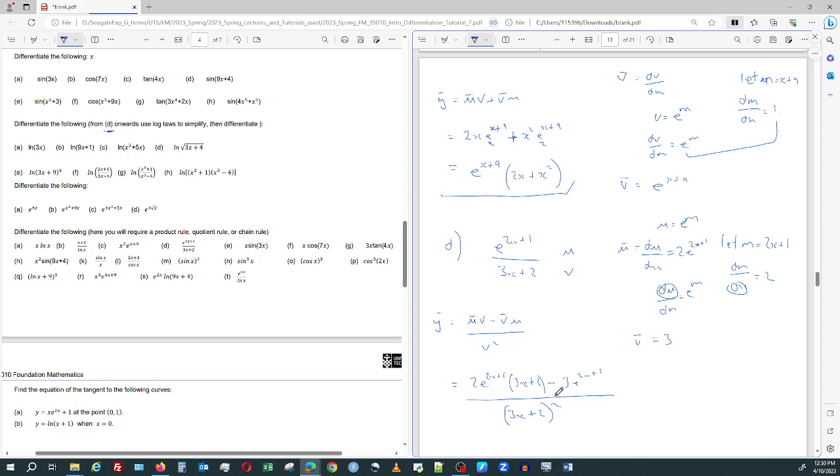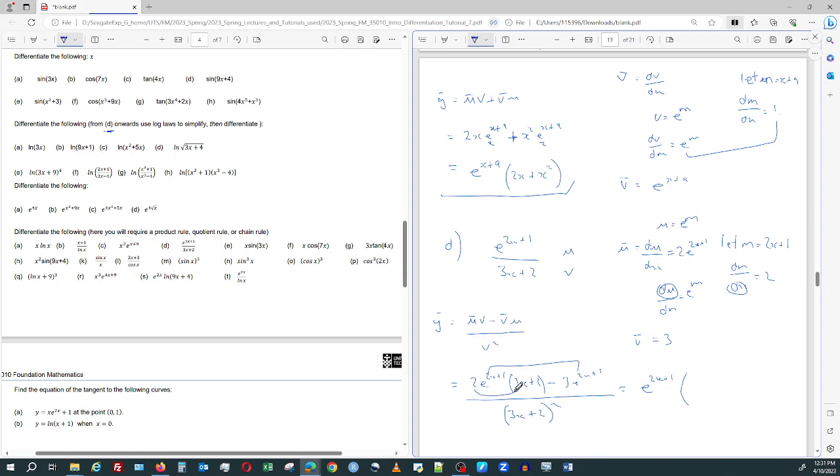Okay, now we can take e to the 2x plus 1 out as a common factor, which will need a bracket of its own. So we'll get e to the 2x plus 1 followed by a bracket with a 2.